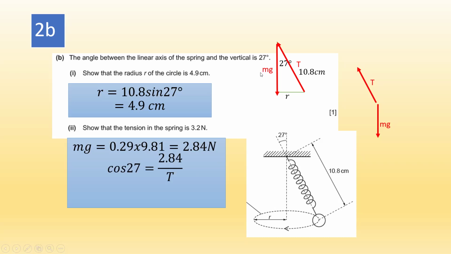Then we know mg and want to find your tension. So cos 27 is mg over T. So T is just, cross multiply and then take your calculator, calculate out, 3.2 Newton.